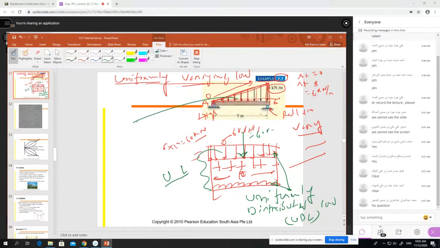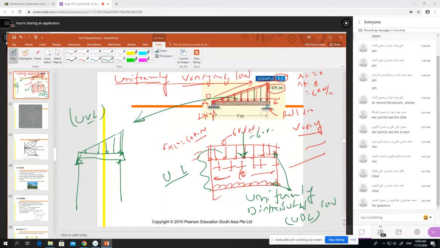But here, this one is a triangular load. Its name is uniformly varying load. Now, in case of the uniformly varying load, this is the beam.